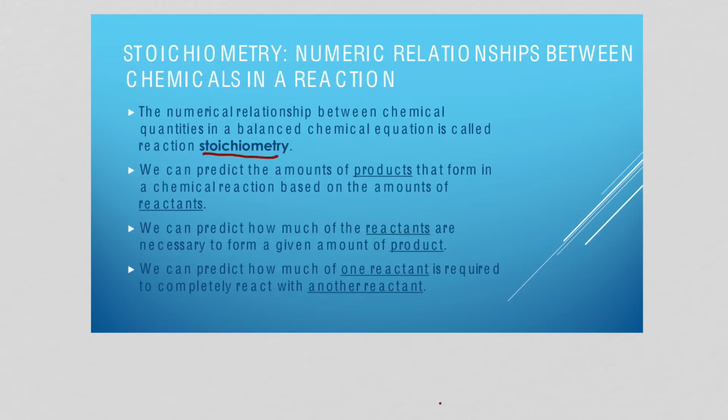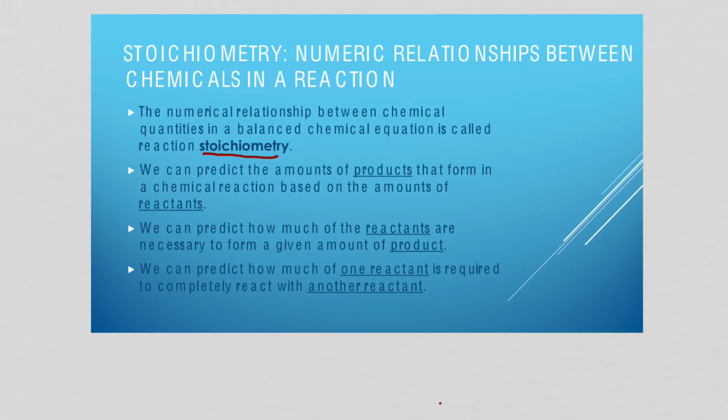We can predict how much product will form in a chemical reaction based on how much reactant we start with. We can predict how much of a reactant is necessary to give me a given amount of product. So I can say, okay, I want to make 10 grams. How many grams of reactant would I need to start with? I have the ability to do that using stoichiometry.